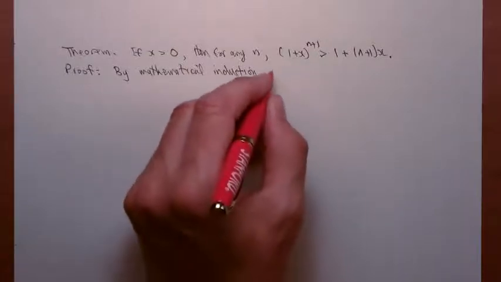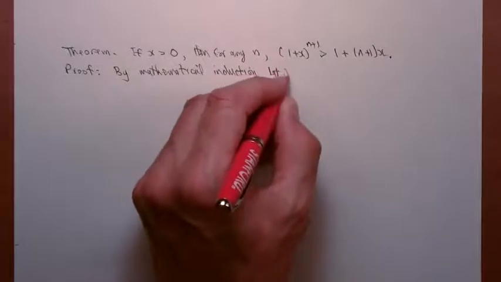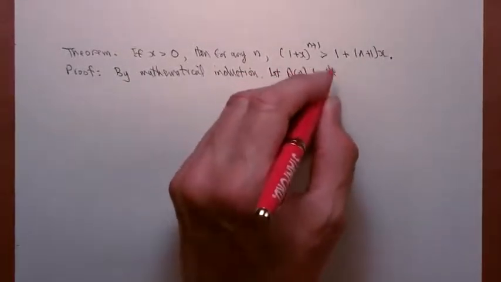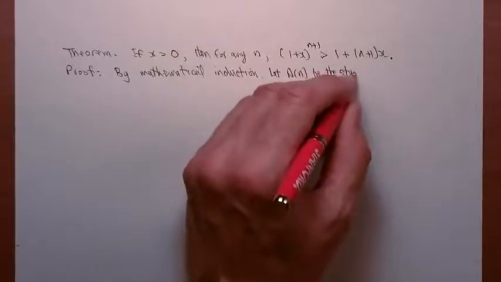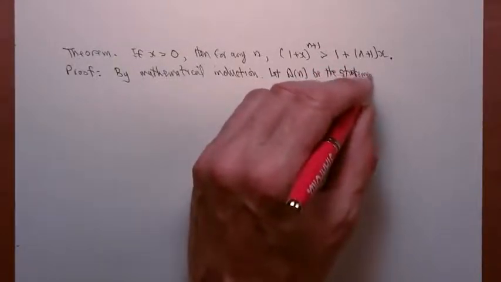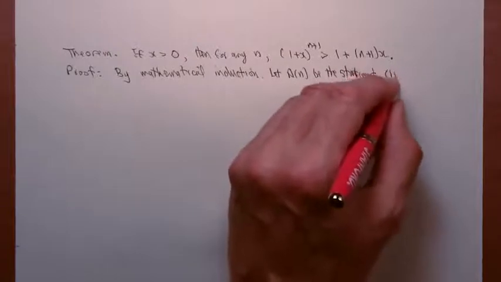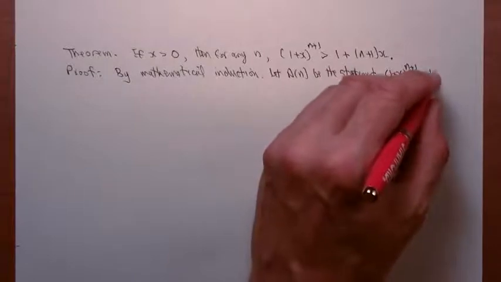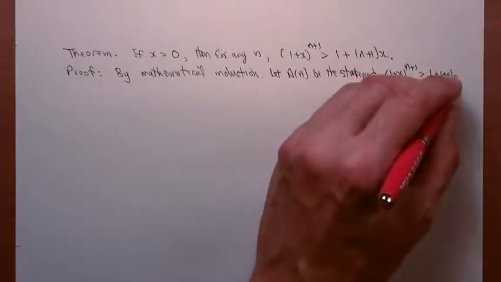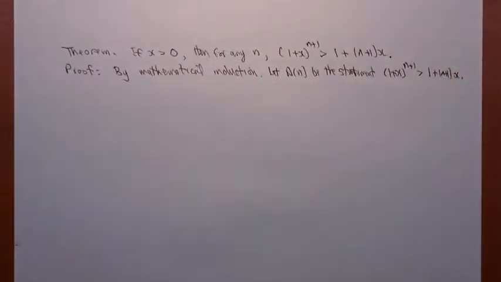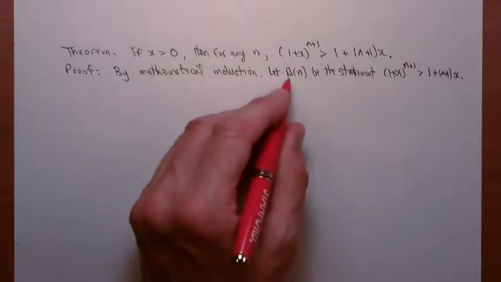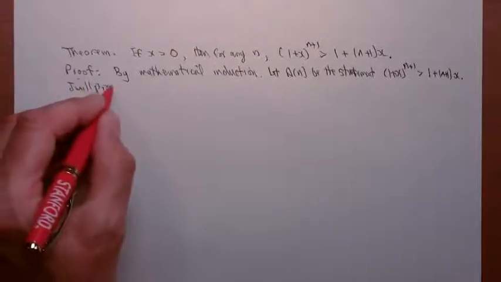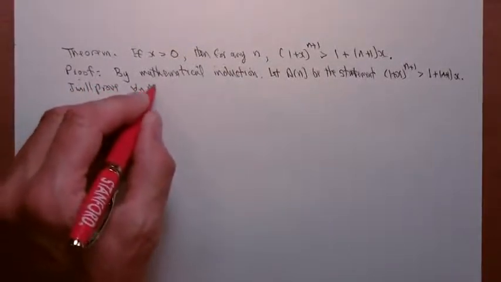And to connect it to the description I gave of induction before, I'm going to let A of n be the statement (1 plus x) to the n plus 1 bigger than 1 plus (n plus 1)x. So by induction, I'm going to prove for all n, A of n.